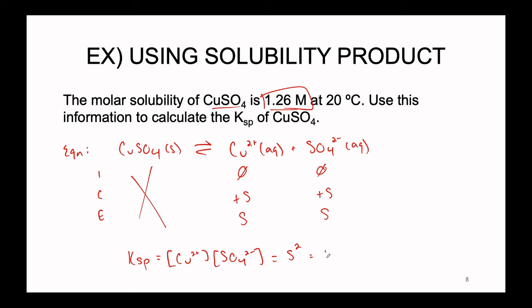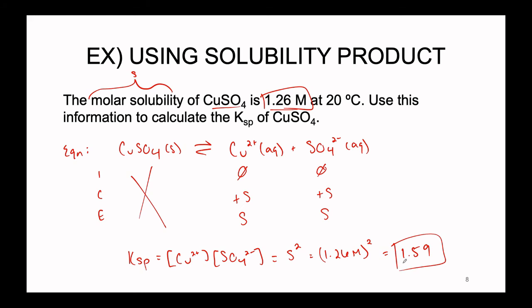This means we can just plug in the 1.26 molar right here and square the value. Again, molar solubility is synonymous with the variable S. So we don't have to worry about splitting this 1.26 between the copper and the sulfate separately. Each variable of S gets a 1.26 plugged in for it. So this tells us that our Ksp must be equal to 1.26 squared, which is equal then to 1.59.